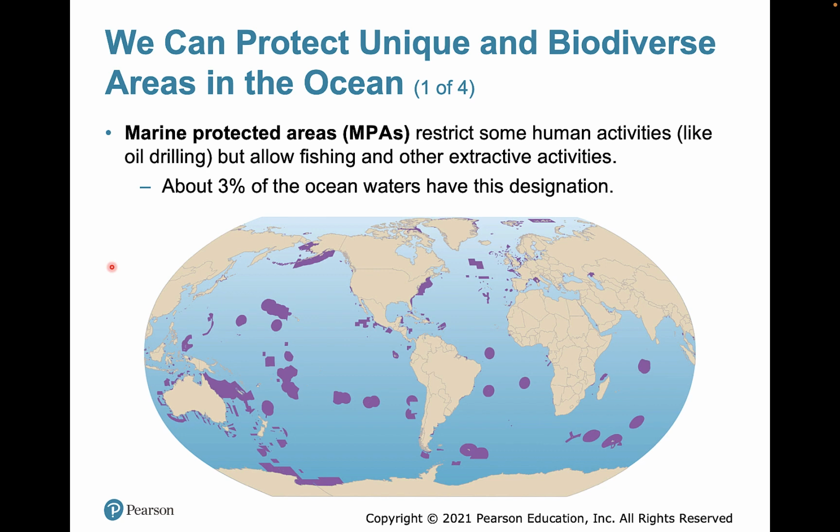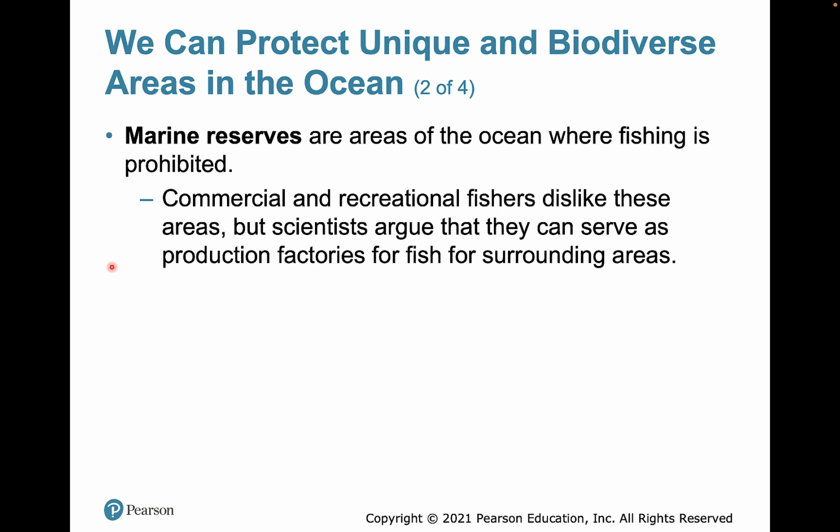So they're protected areas versus a reserve where you can't fish at all, okay? You can be on the edges, but you can't be in it. So if you're a commercial or recreational fisherman, you don't like that area. But as a scientist, they tend to argue that, no, that's really good because you protect them inside and then they swim out and then you can catch them.